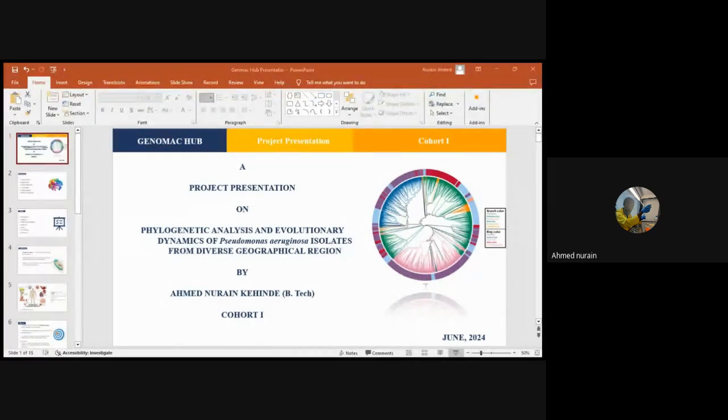So starting from the introduction, Pseudomonas aeruginosa is a ubiquitous rod-shaped aerobic non-spore-forming bacilli with a single flagellum for motility. This bacterium is known for its environmental ubiquity and high antibiotic resistance, making it a major cause of nosocomial infections, which are infections acquired in the hospital.